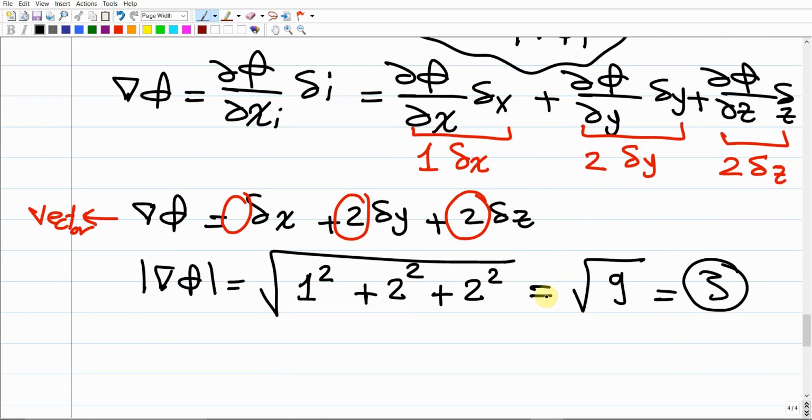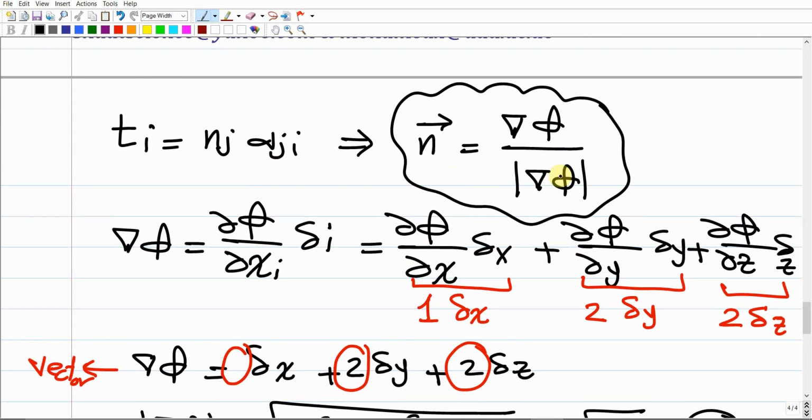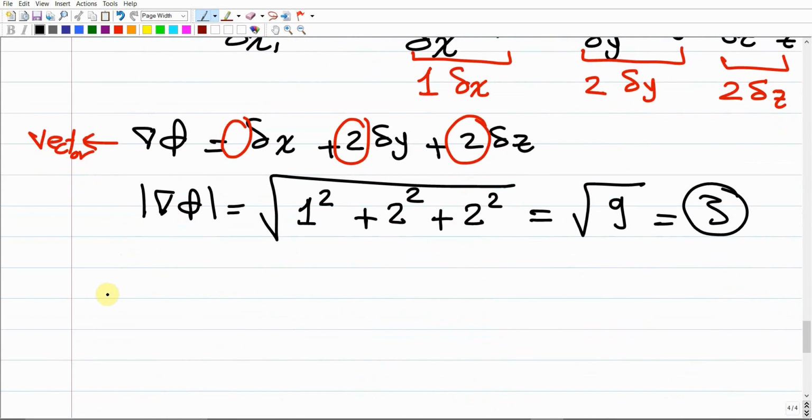So if you plug these things that we derived here into this formula, we're going to end up with the normal vector. So the normal vector is going to be nabla phi divided by its magnitude, or the gradient of the field that describes the plane divided by its magnitude equals.